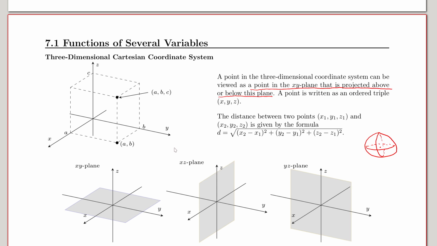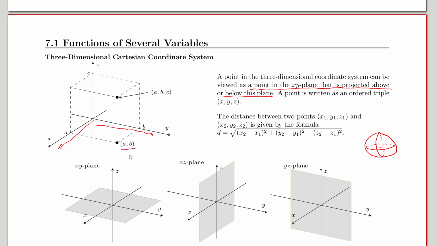So just a quick rundown of how we think of 3 dimensions. Down here, here's the x-axis, here's the y-axis. This is your xy plane. So imagine the xy plane being your desktop. And then to get a point in 3 dimensions, we go to a point in 2 dimensions.